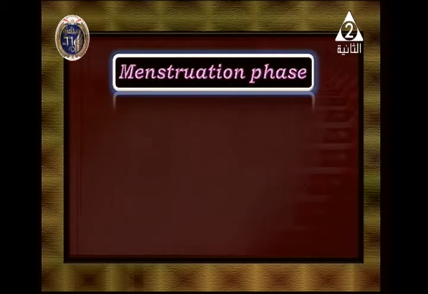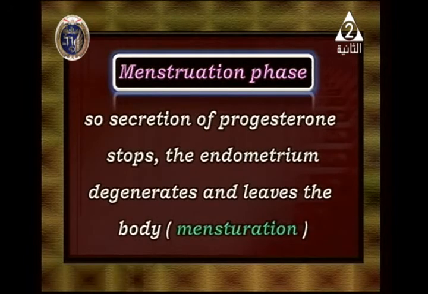And the secretion of progesterone stops. After that, the endometrium degenerates and leaves the body in the form of menstruation or the menstrual cycle.